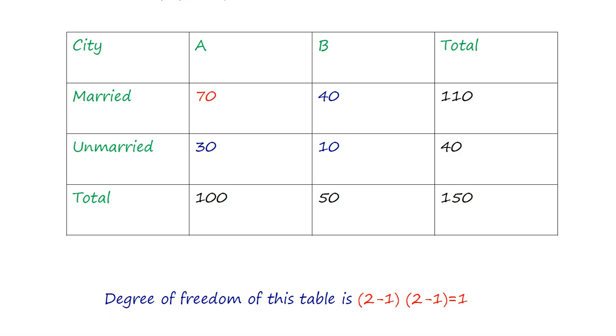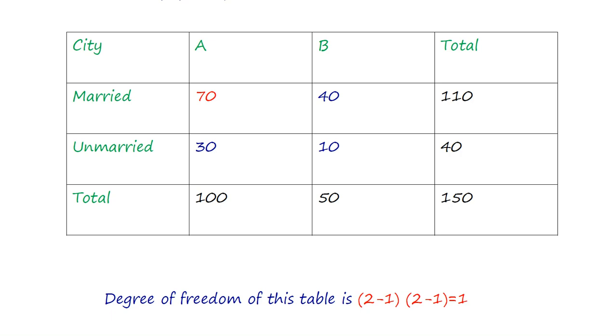Here is the total row wise, this is the total column wise. Suppose these totals and the observations written in black letters are already given, and suppose these red and blue observations are blank.